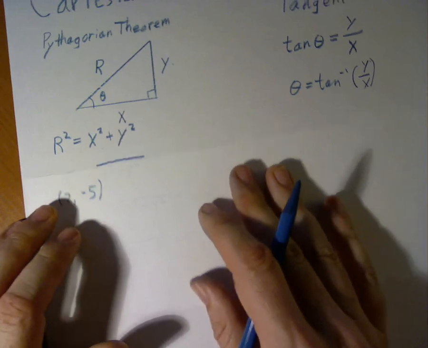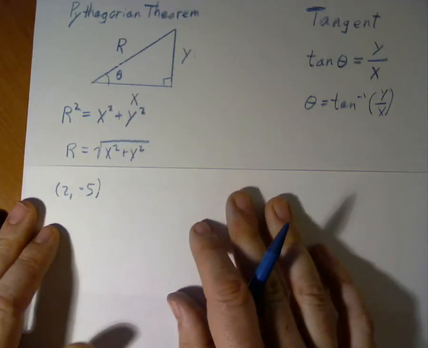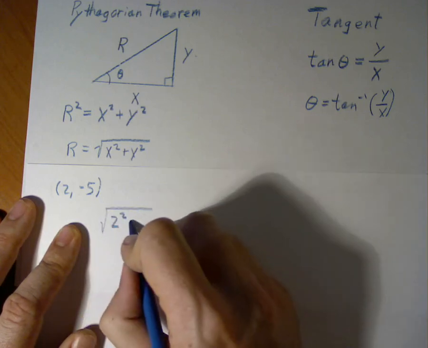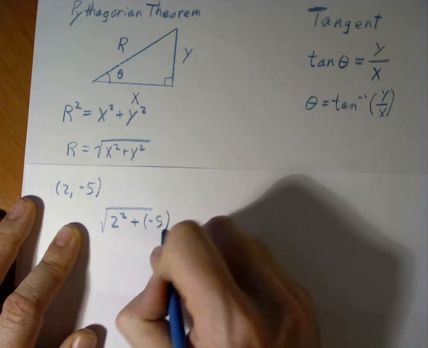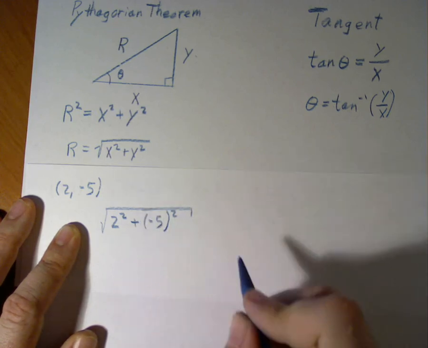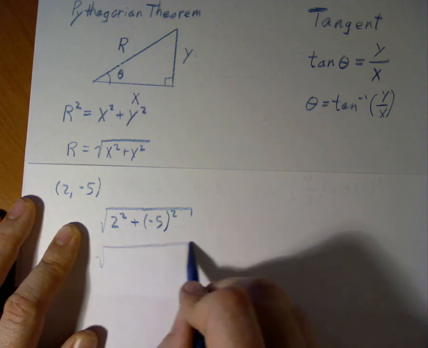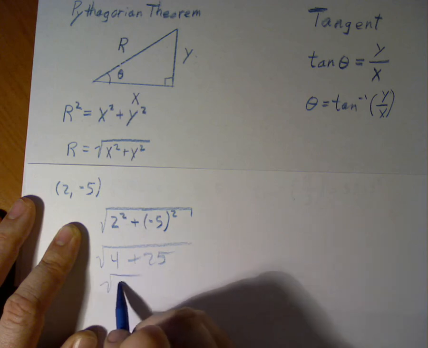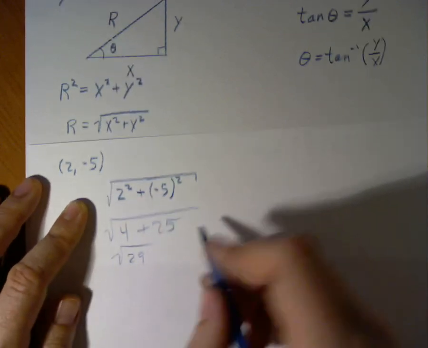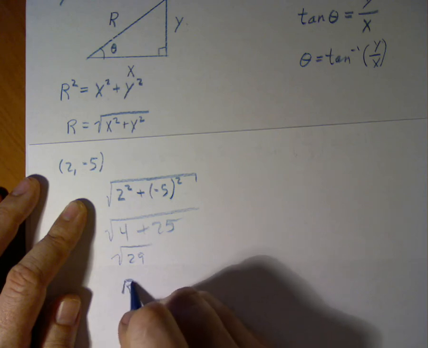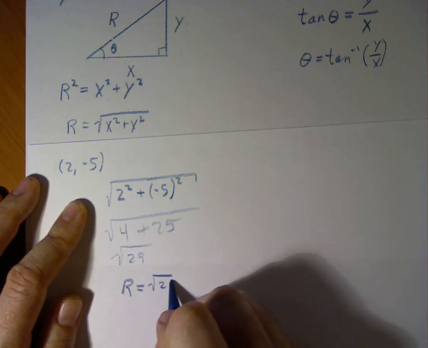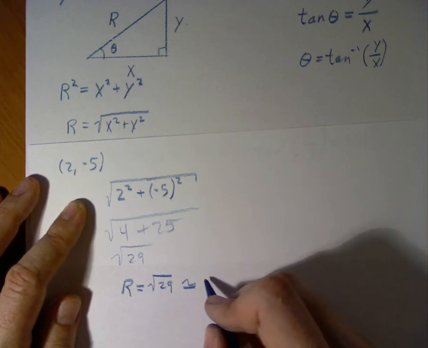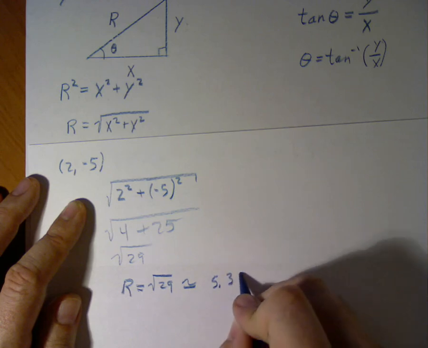Here, to find the radius, we will take 2 squared plus negative 5 squared, which is the square root of 4 plus 25, the square root of 29. So r equals the square root of 29, or approximately 5.39.